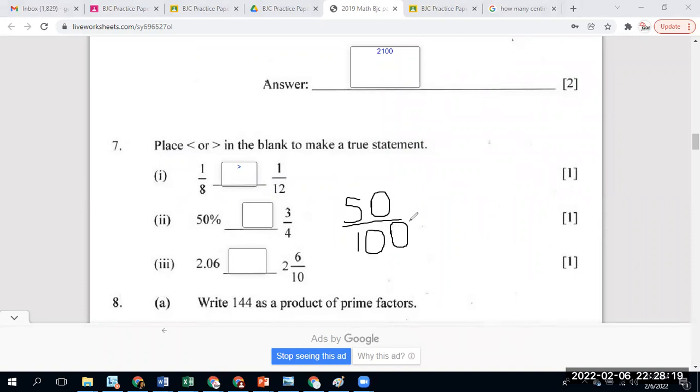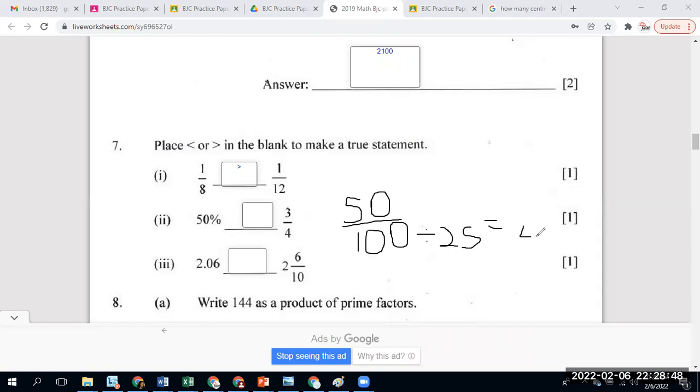If I want a denominator of 4 so I can compare with 3/4, I know that to go from 100 to 4, I can divide by 25. So 100 divided by 25 gives me a denominator of 4.